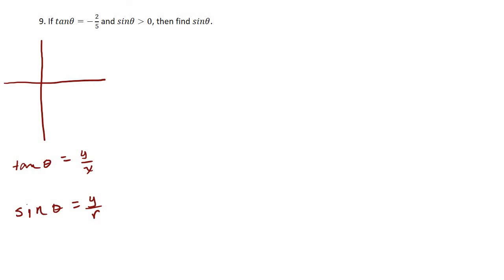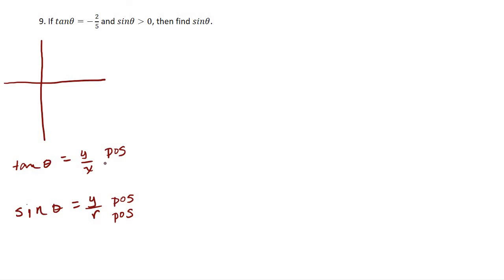Okay, in problem number 9, I don't know right away in which quadrant my angle lies, but I am given enough information that I can figure that out. Sine theta is greater than 0, so sine theta is positive. I know r is always positive, so if this whole ratio is positive, that means y has to be positive.